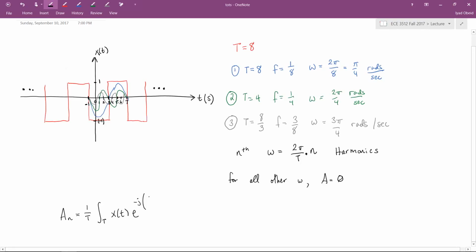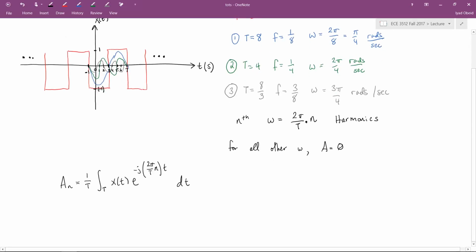And those frequencies are at 2 pi over T times n, and then dt. Okay, so now I can leave n as a variable, and I can solve for A as a function of n. So let's go ahead and try that.